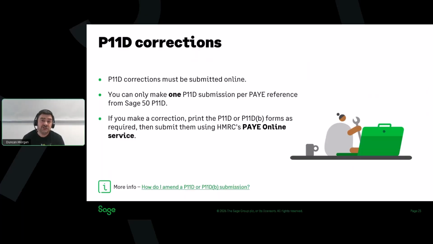You can then reproduce the reports for the P11D and the P11DB in your software and use those reports to submit a correction via the PAYE online portal. So you'd log into your HMRC account and you would be able to submit corrected values from there. But again, we've got a guide that gives some detail on doing that.